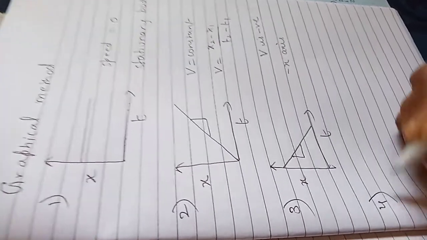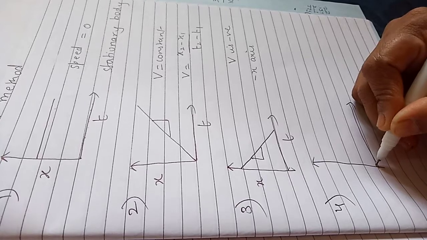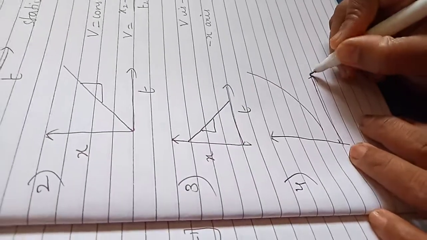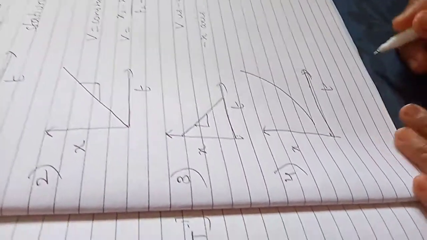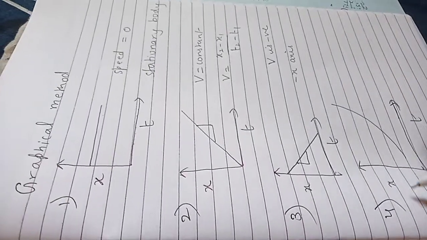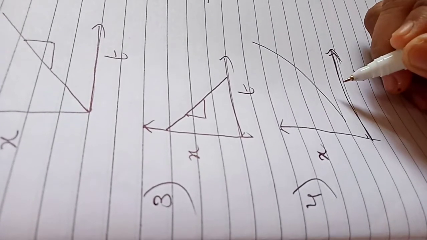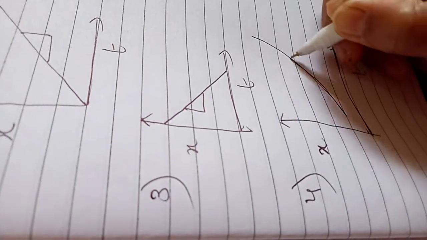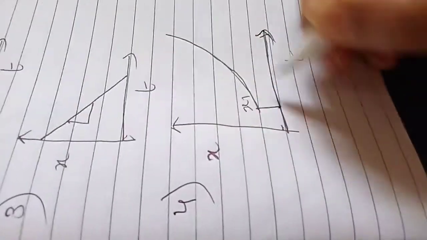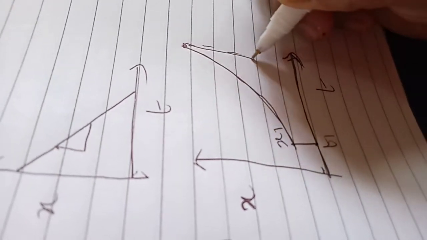Next, graph number 4, you get a curvature. Curvature means what? The body is moving with a non-uniform velocity. Graph number 4 shows that the body is moving with non-uniform velocity. Means you get a curve-like structure.